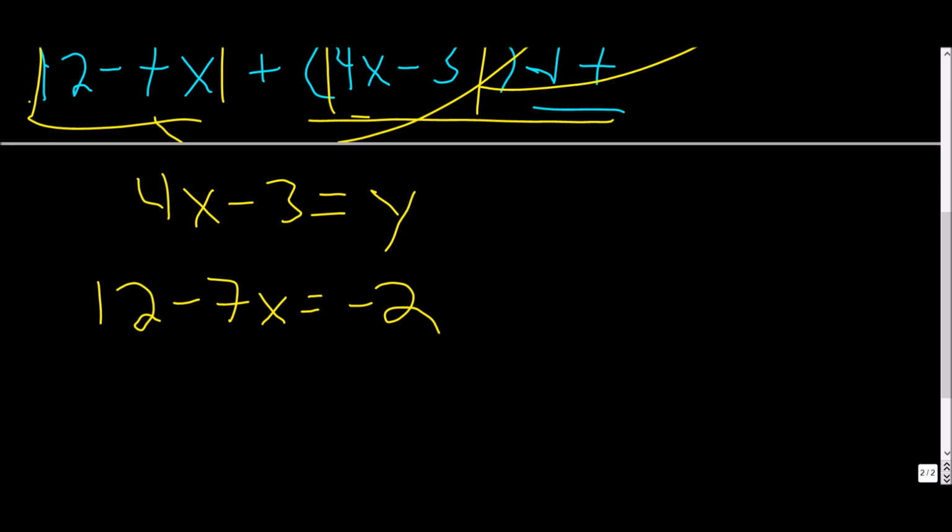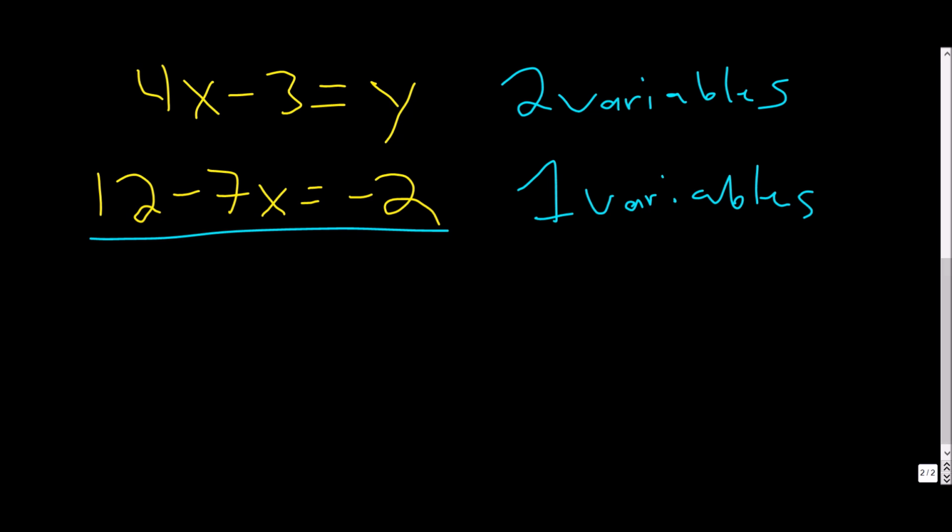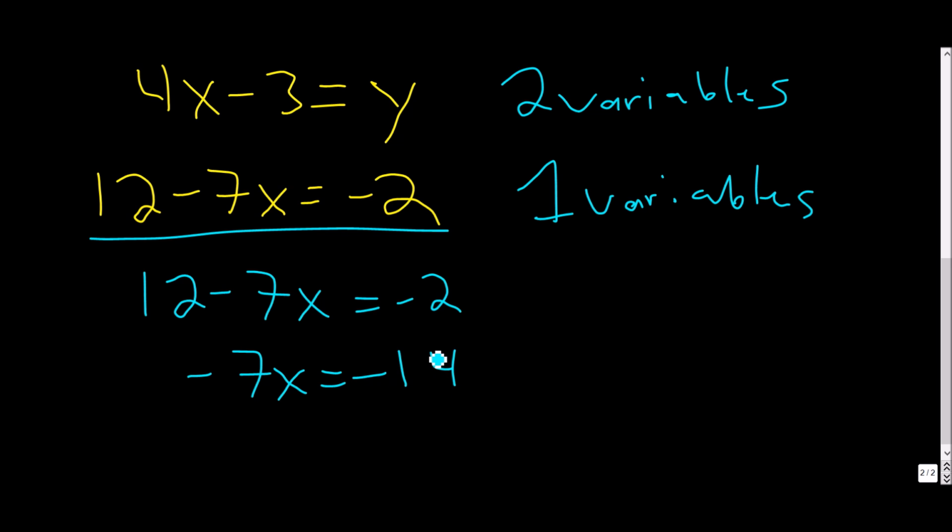Well, we actually have an equation with two variables, and we have one with one. Always deal with the one that is simplest first. And so if we deal with this, we can actually solve a single equation with one variable. We can get 12 minus 7x that makes negative 2. Then we can get negative 7x equals negative 14. And so x has to be 2.